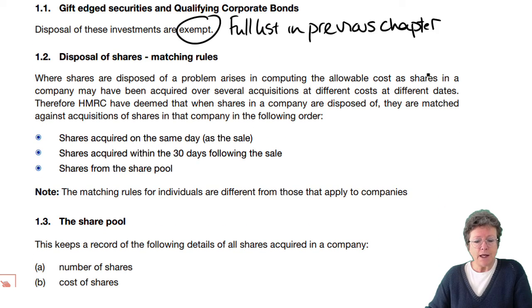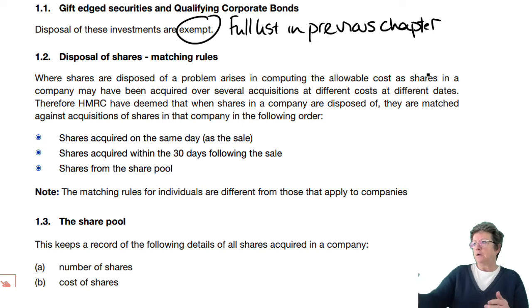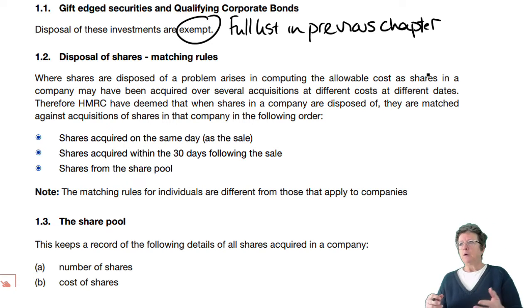Now, with shares, we have a kind of issue with people tend to buy them in patches. So they'll buy 500 this month and 700 the month after, or 2,000 the year after that. And they're all the same shares, same company, same type of shares.